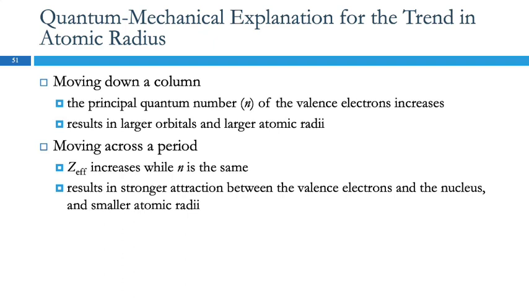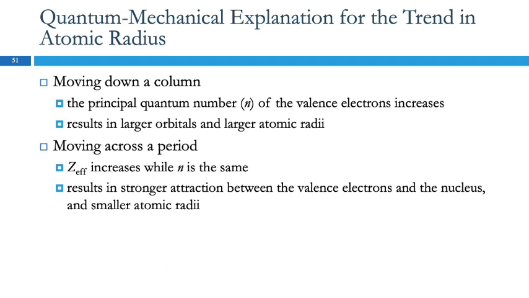So adding more electrons to the same principal quantum level, those are about the same distance from the nucleus. But as we go across, the effective nuclear charge is increasing, and so the electrons get pulled in. So we get a stronger attraction between the valence electrons and the nucleus, and we get smaller atomic radii.